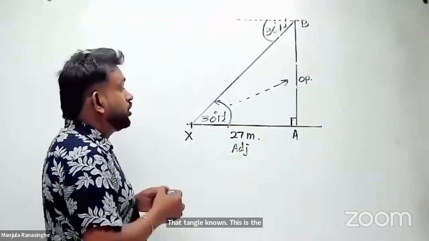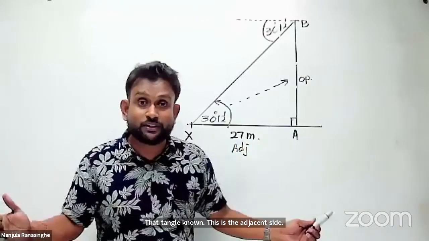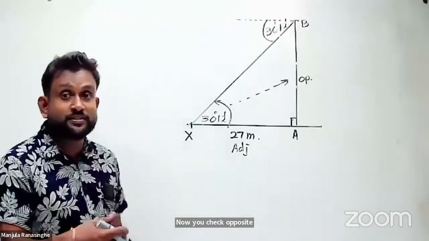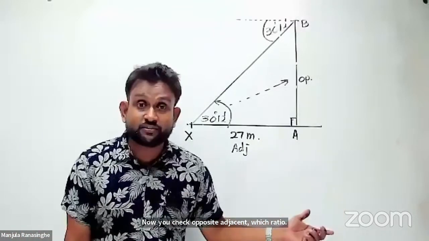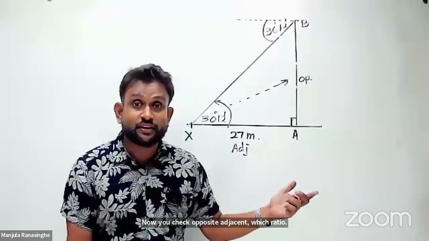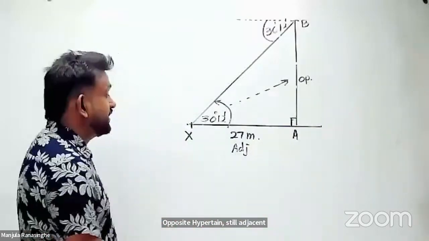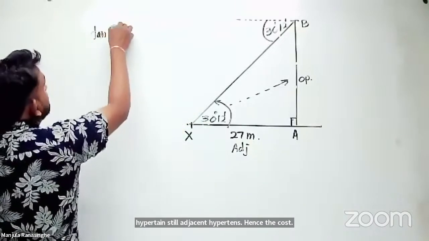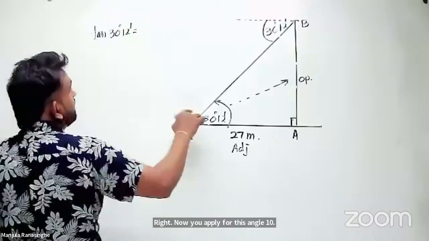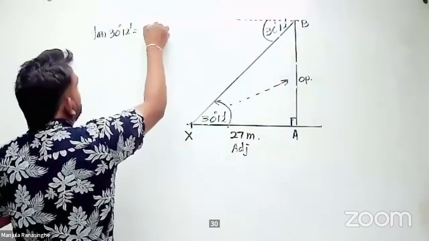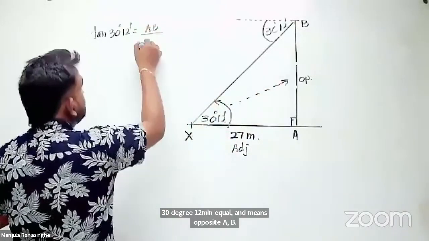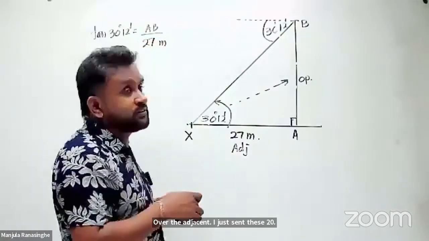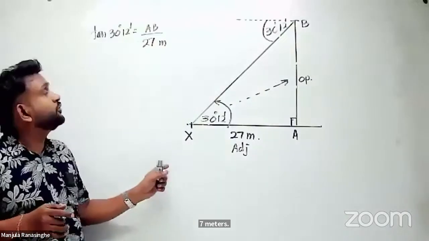Opposite and adjacent deal with tan theta. Opposite over hypotenuse deals with sine, adjacent over hypotenuse deals with cos. Now you apply for this angle: tan 30 degrees 12 minutes equals opposite AB over the adjacent, which is 27 meters.